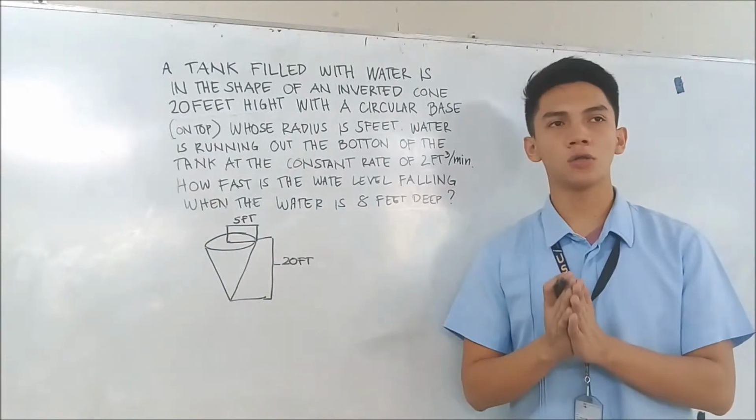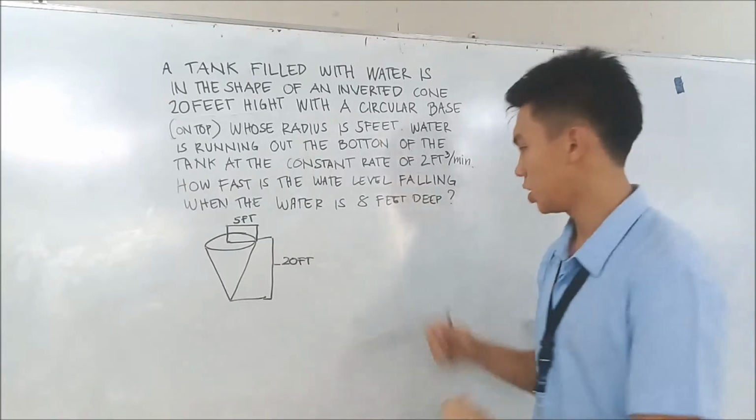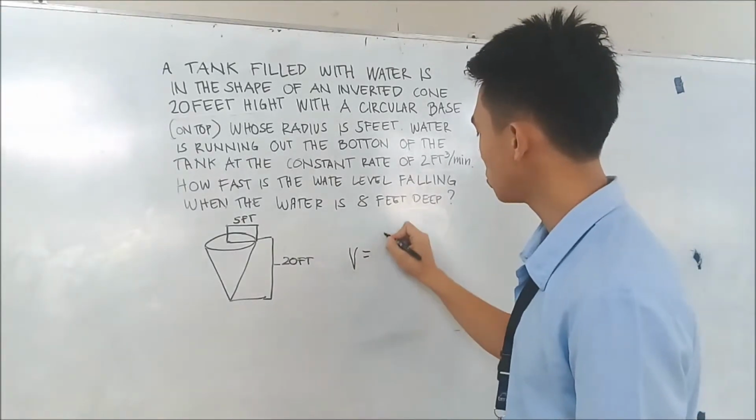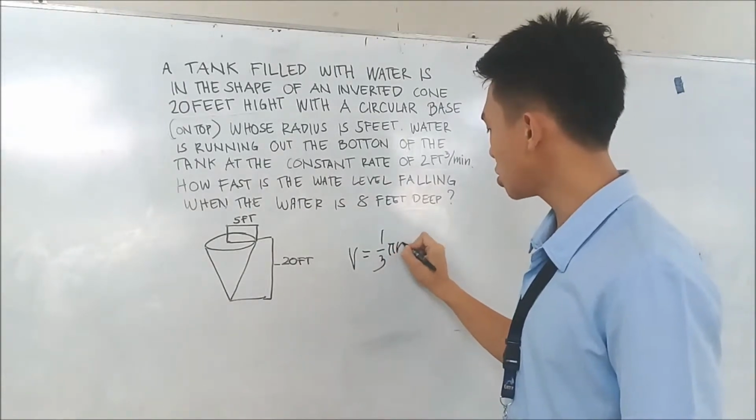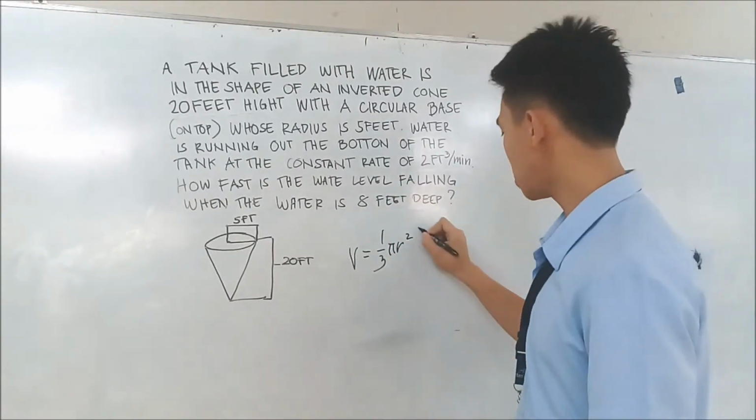The formula to find the volume is V equals 1/3 times pi r squared times height.